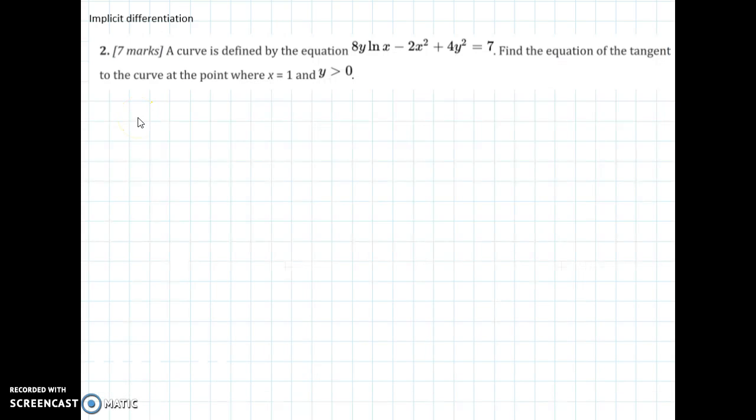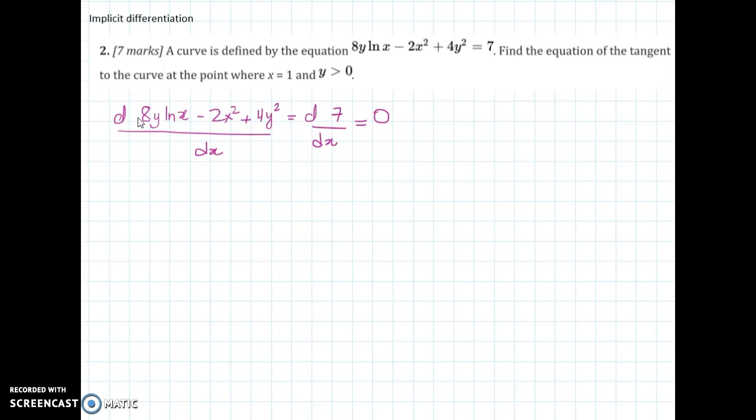So let's go ahead and apply the method of implicit differentiation. We have that 8y times logarithm of x minus 2x squared plus 4y squared has to be equal to 7. So if we take derivative on both sides with respect to x, we still have an equality here. On this side, derivative of 7 is 0, so that's easy.